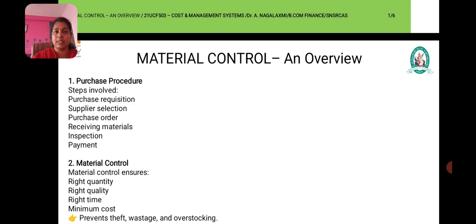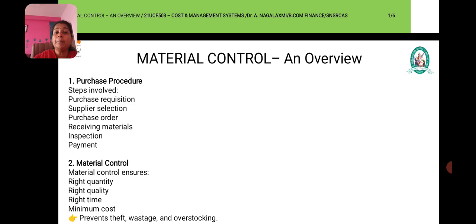the raw material. Okay, so the steps involved in making purchase is, first we have to make purchase requisition. So cotton, we cannot say that the cotton will be available everywhere. We have to buy from somewhere the cotton is produced.